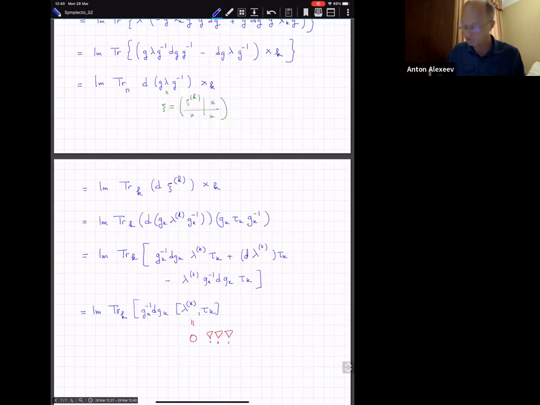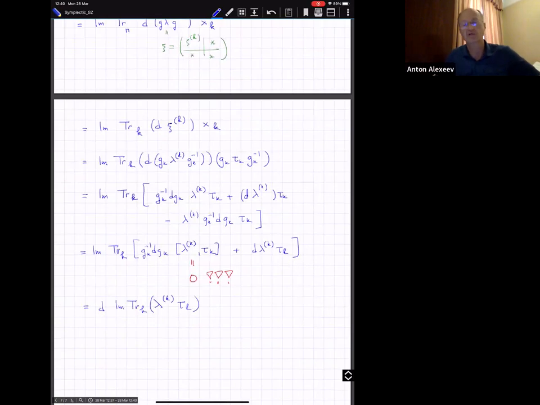And the remaining term, possibly with the wrong sign, is d lambda k tau k. And this is d imaginary trace k lambda k.